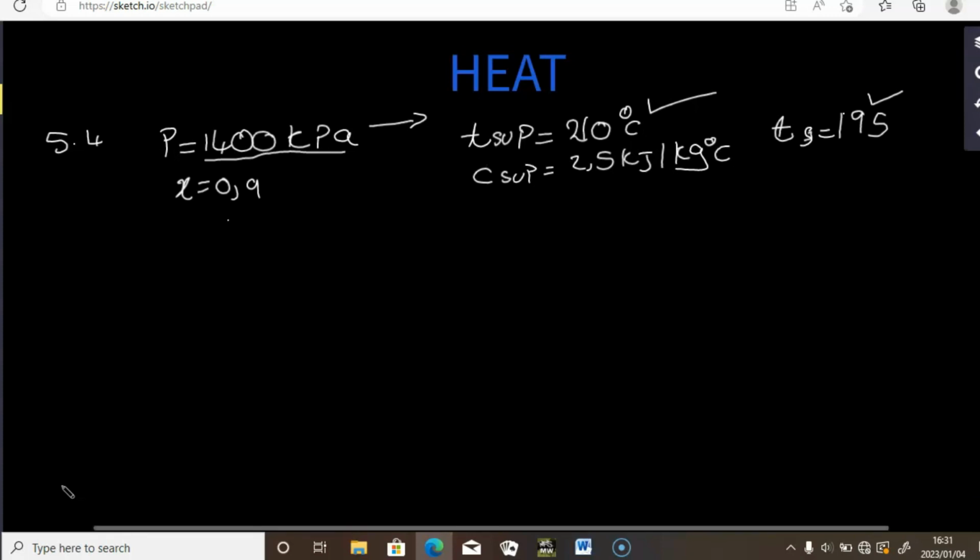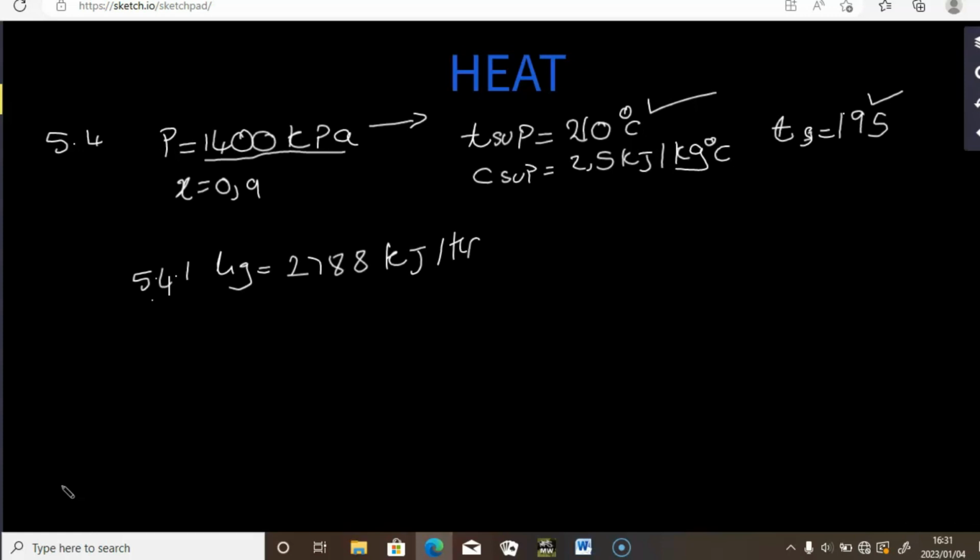So the first question, the enthalpy of the dry saturated steam, is Hg. In 5.4.1 they are looking for Hg, which is from the steam table. I got that the value is 2788 kilojoules per kg.